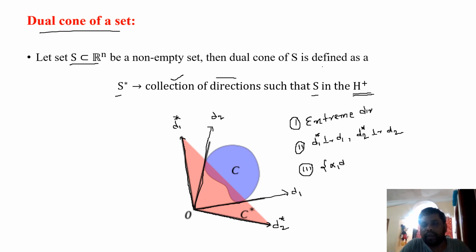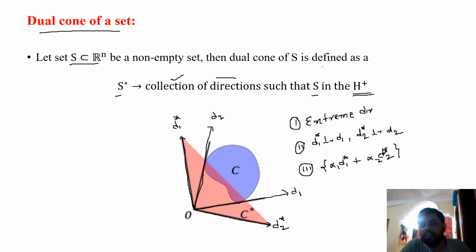So it will give a convex cone, alpha 1 times D1 star plus alpha 2 times D2 star. So you got the convex cone. That convex cone is our desired dual cone of the given set.